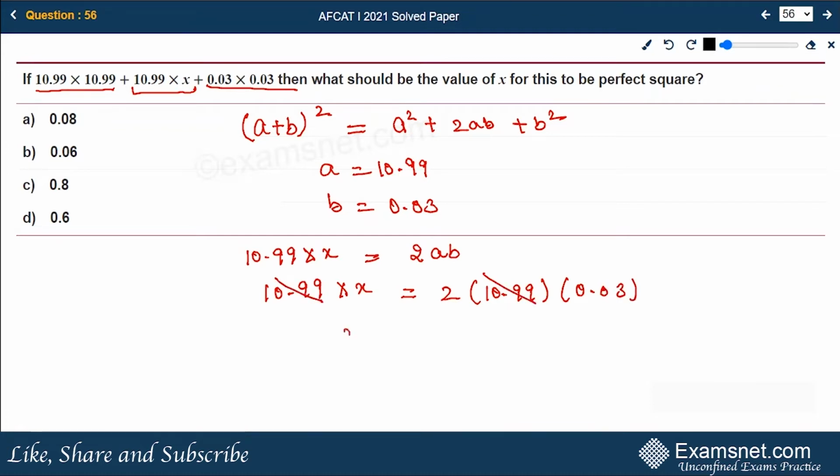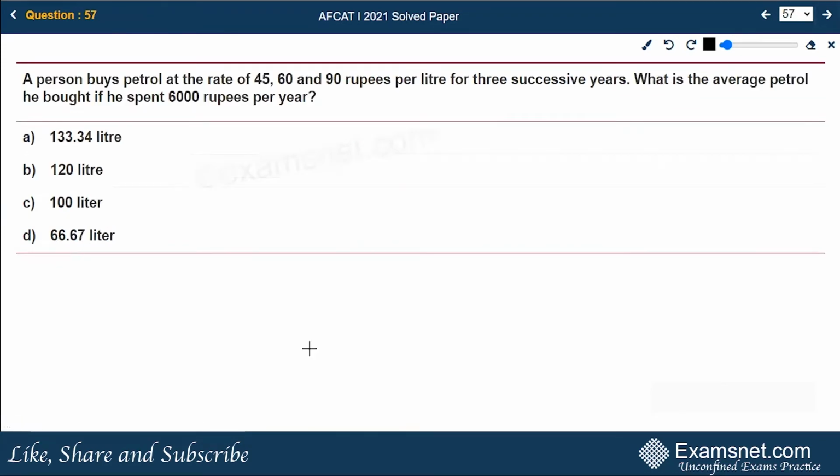They will cancel and you will have x as 0.06 as your answer. So the correct option to this question is option B, 0.06.